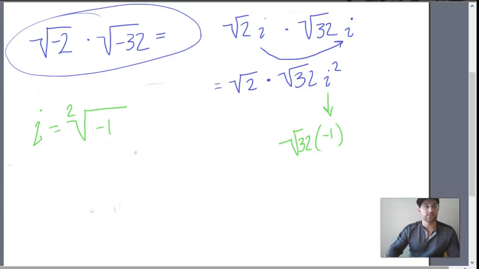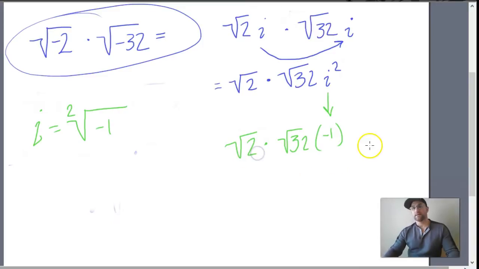It's a little bit sloppy, I'll rewrite that. So we have square root of 32 times square root of 2, times -1. Now, square root of 2 times square root of 32, just double the 32, we have square root of 64 times -1, right?